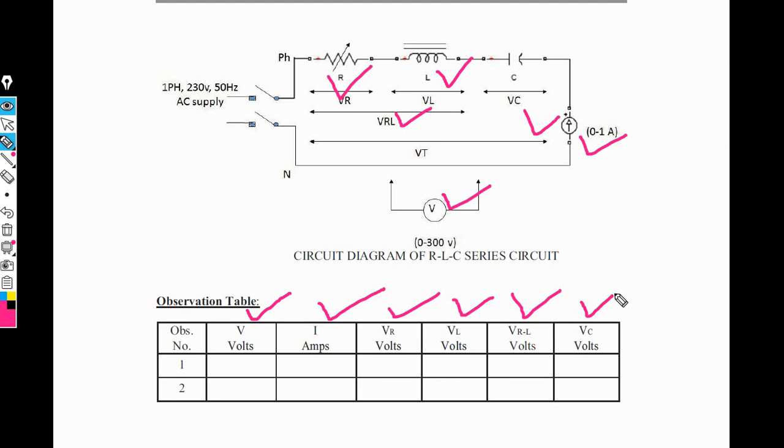Okay, that is the unit of VC. Now this is the circuit diagram and observation table of the RLC series circuit.